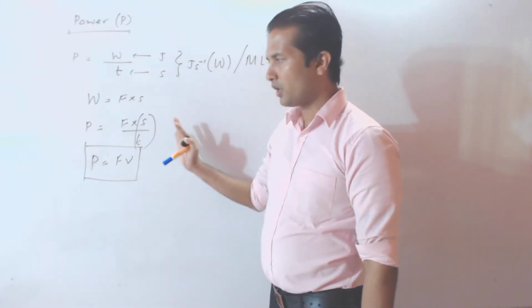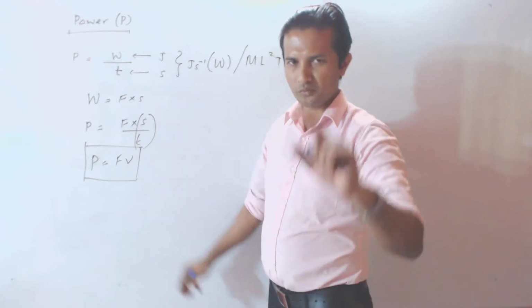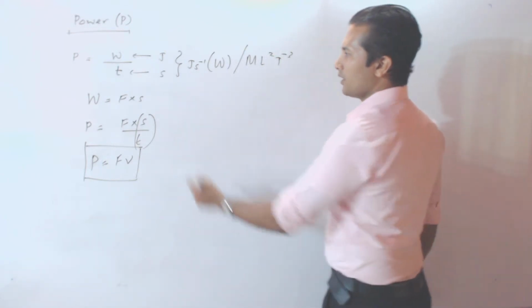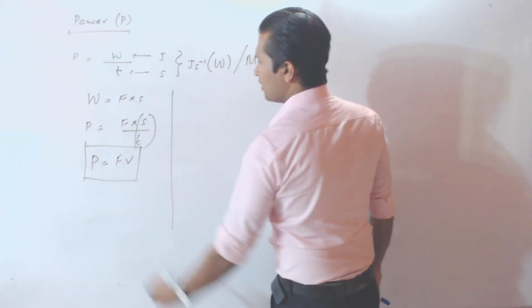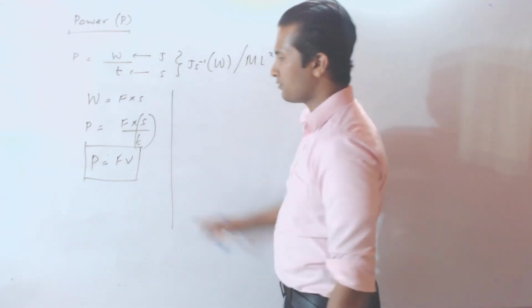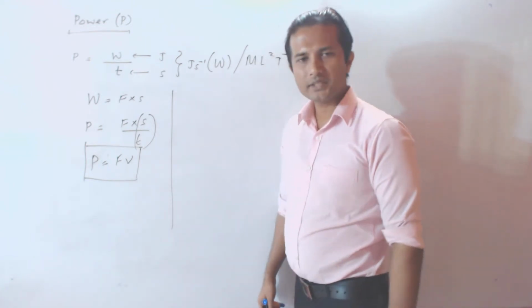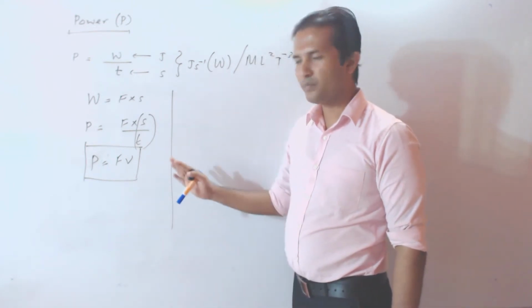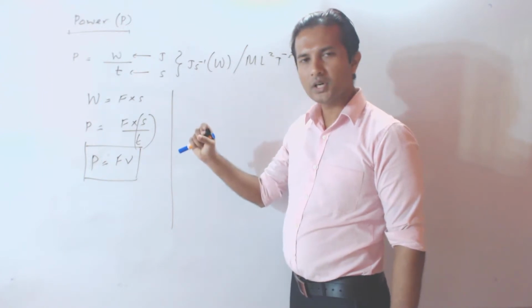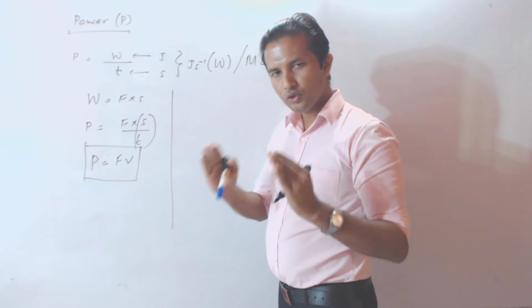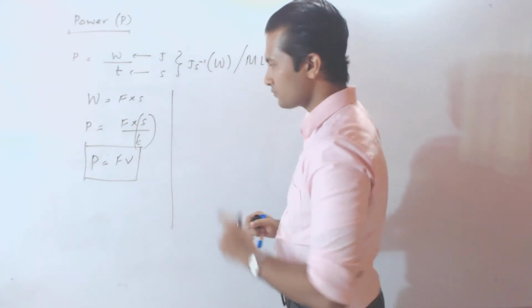You are only allowed to use it when the object moves with uniform velocity. So what is that force? That is called the accelerating force, which means the force required in order to maintain uniform velocity.